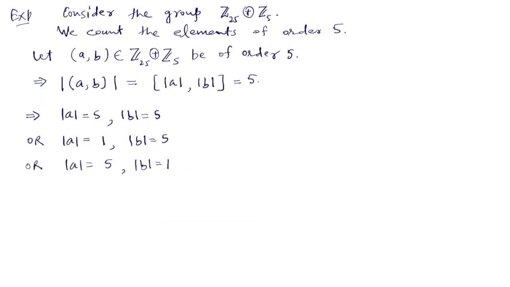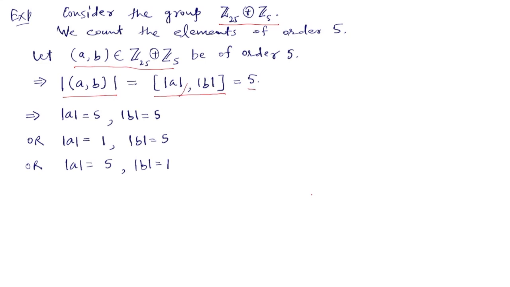As an example, we consider the group that is the direct sum of two cyclic groups Z25 and Z5. Let us count the elements of order 5 in this group. So we take an element (a, b) of order 5 in this group, but the order of (a, b) is simply the LCM of the order of a and the order of b by the theorem. So this is equal to 5.